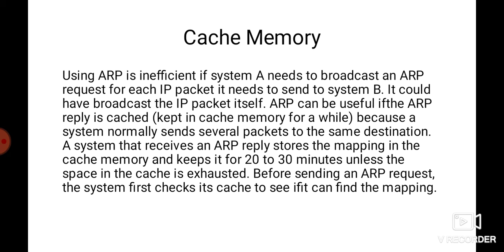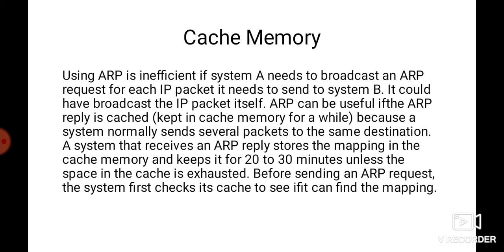So instead of sending the ARP request every time, we can store the physical address of B in the cache memory of A.